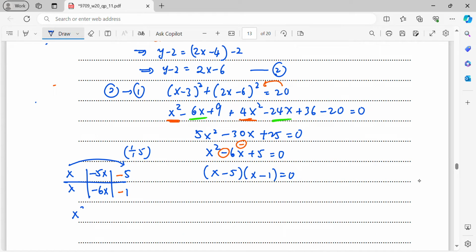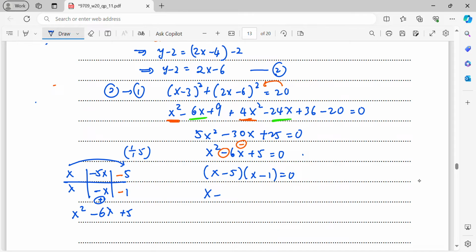So here will be x squared. Then you multiply together the last terms, it will be plus 5. Okay, mistake. The second here is minus x. So when you add the middle column, it will be minus 6x. That's why you are getting the same term.